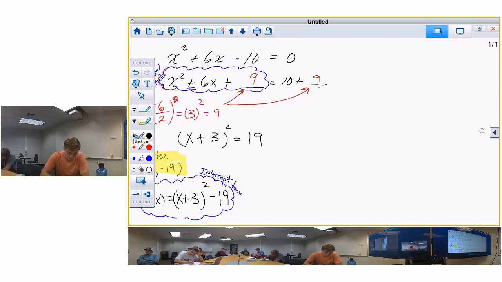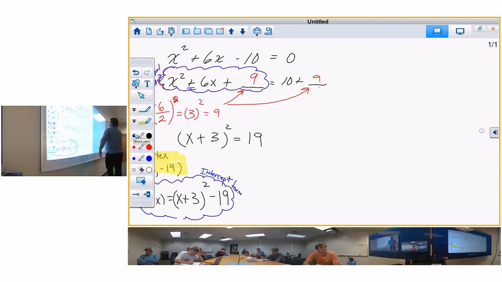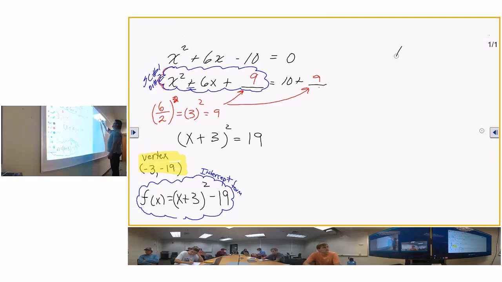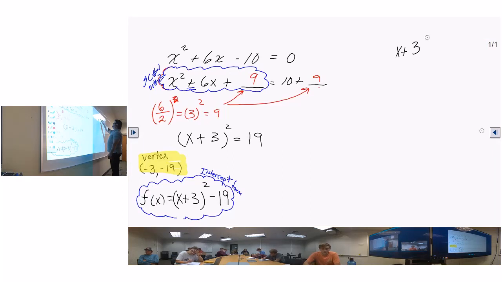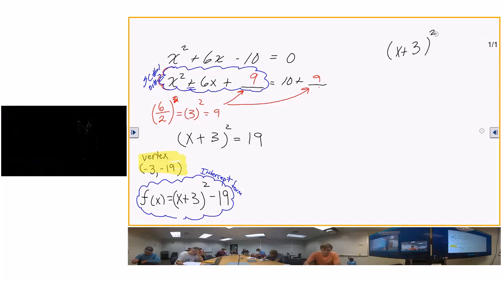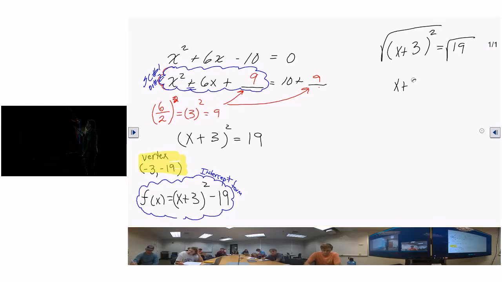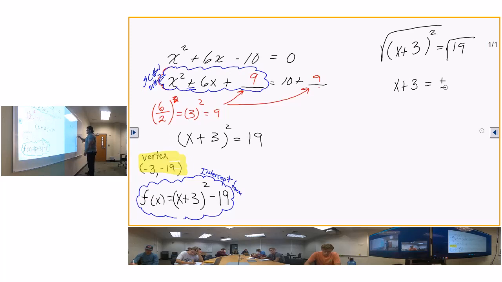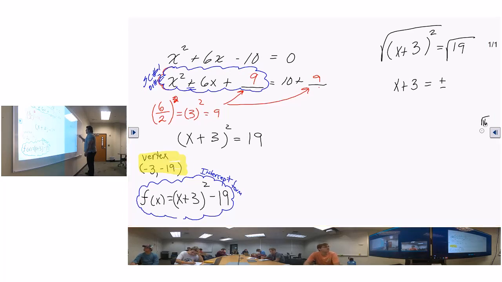Now we have to find the x-intercepts. So x plus 3 quantity squared equals 19. Square root of both sides. x plus 3 is equal to positive or negative the square root of 19. The square root of 16 is 4.